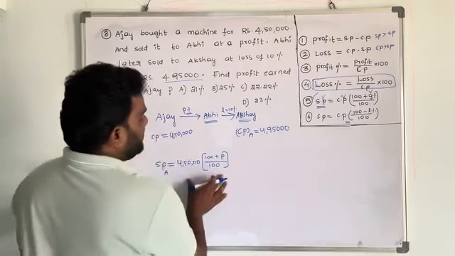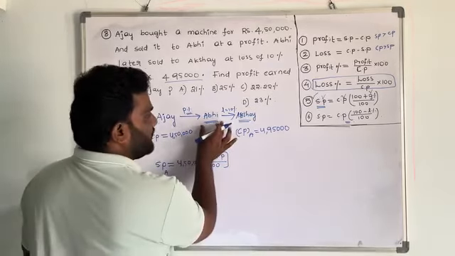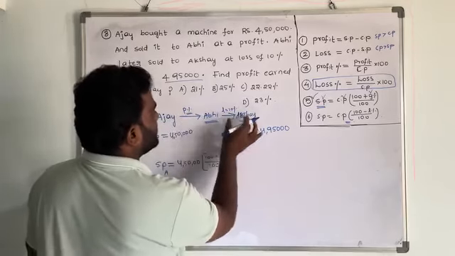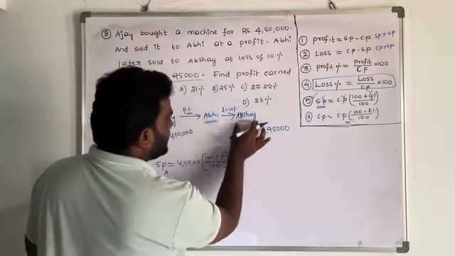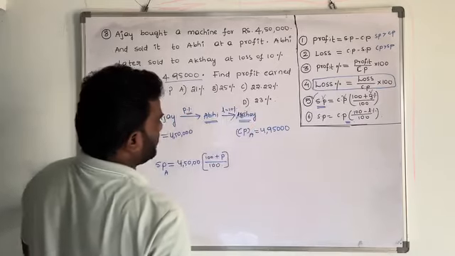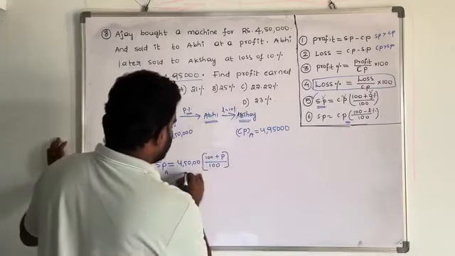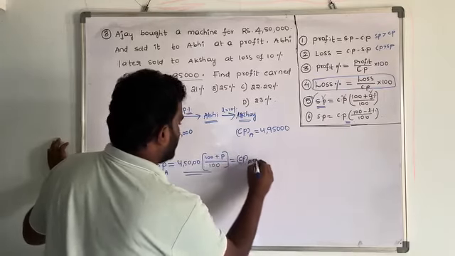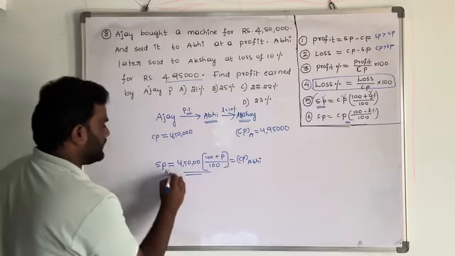Now this will become the cost price to Abhi, right? So what did Abhi do again? Abhi sold it to Akshay at a 10% loss. Now what can he do? This is the selling price of Ajay and this is equal to the cost price of Abhi.